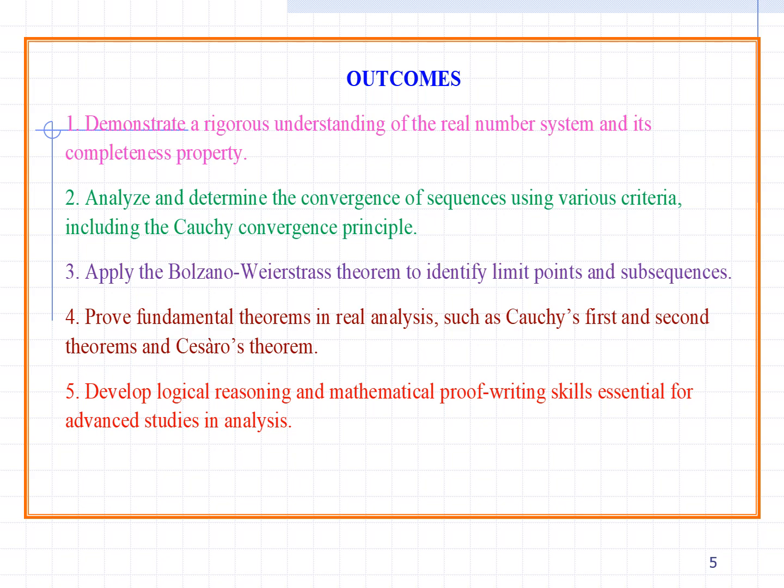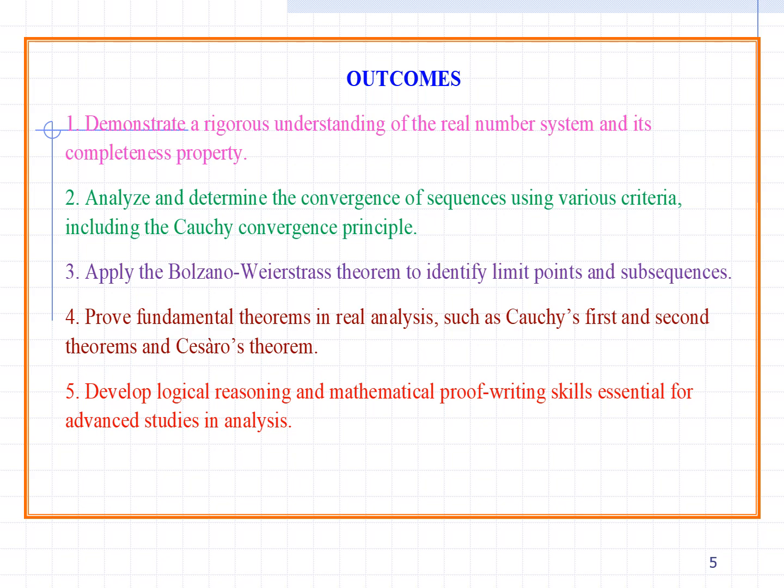After learning this Module 1, the outcomes are: demonstrate a rigorous understanding of the real number system and its completeness property. Analyze and determine the convergence of sequences using various criteria including the Cauchy convergence principle.